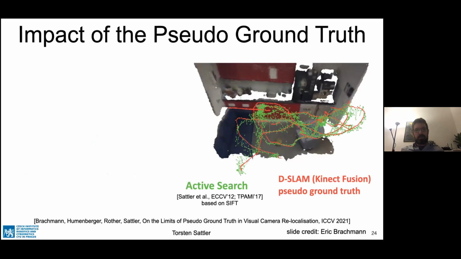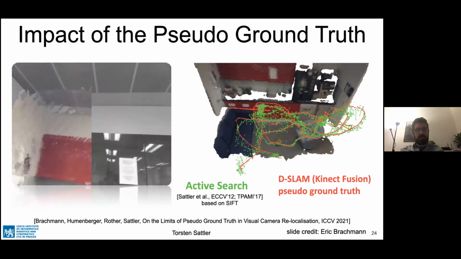And we showed that the way that the pseudo ground truth is generated can actually have quite an impact on the performance measured on a benchmark. So what you see here is the geometry of the scene, the pseudo ground truth poses predicted by a depth-based SLAM system, and the camera poses predicted by a classical feature-based method that by now is about 10 years old.